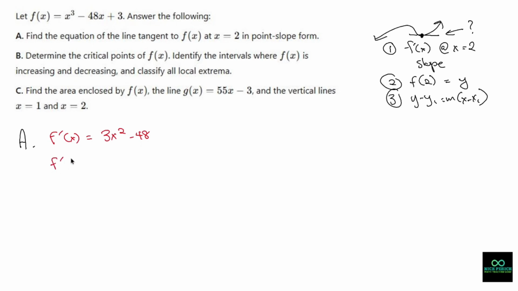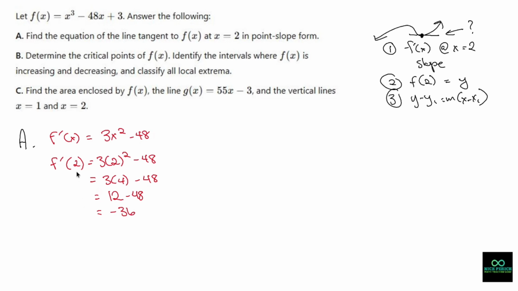F prime of 2 is going to be 3 times 2 squared minus 48, which is 3 times 4 minus 48, which is 12 minus 48, which is, holy crap, negative 36.